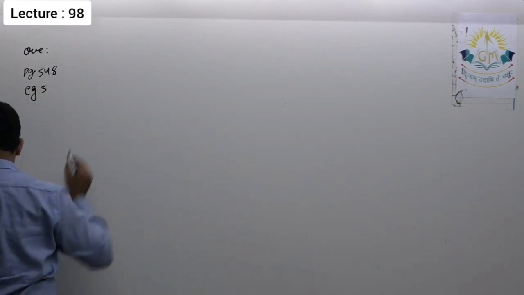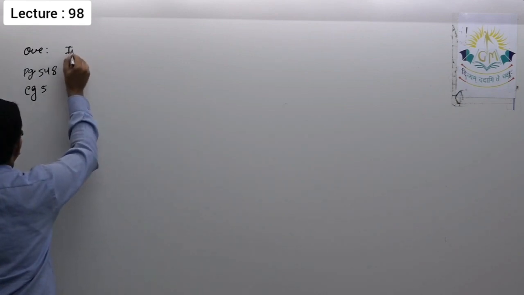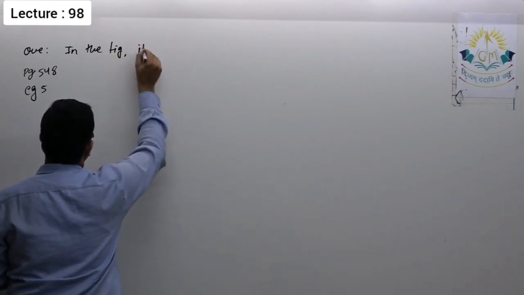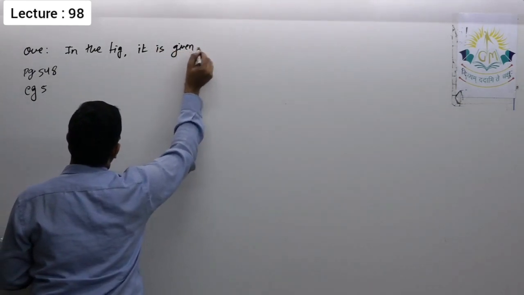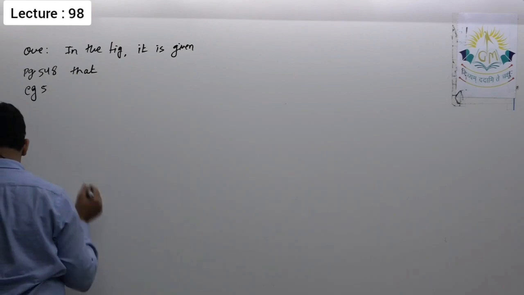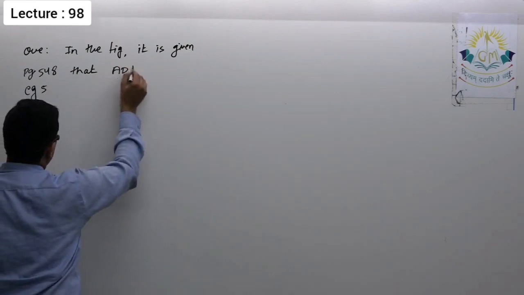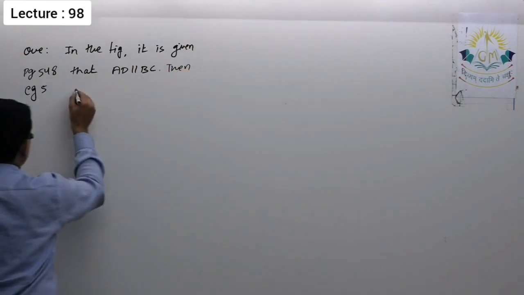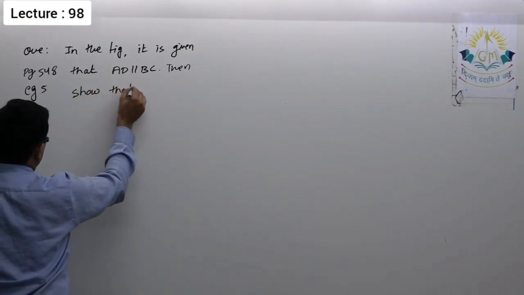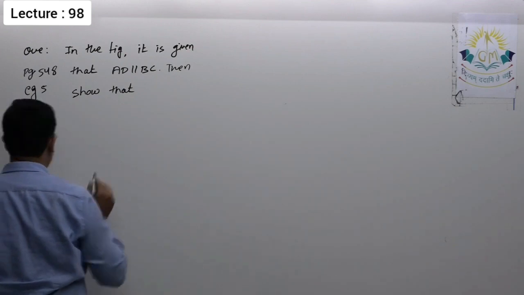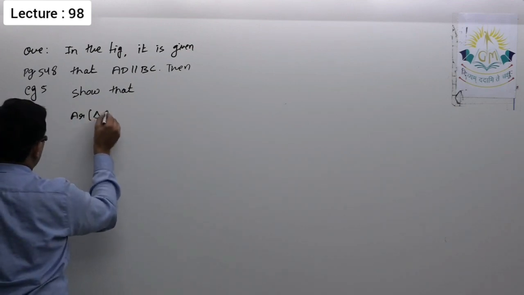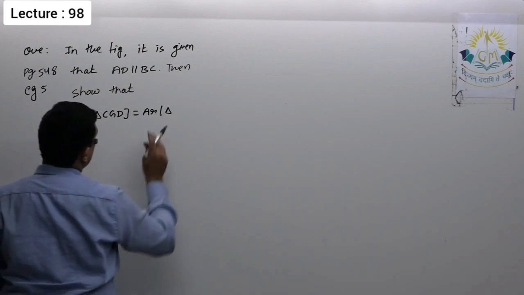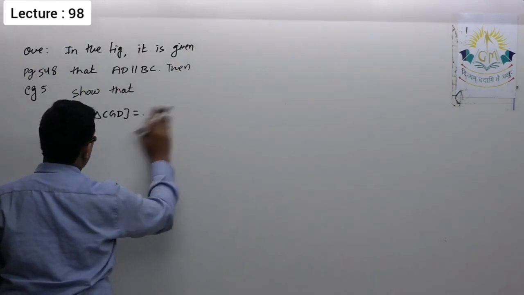Question is, in the given figure, it is given that AD parallel BC, then show that area triangle CGD is equal to area triangle ABG.